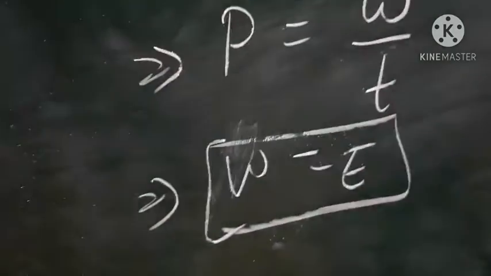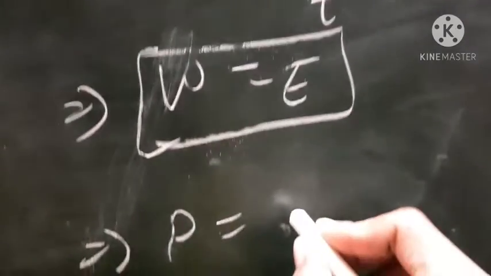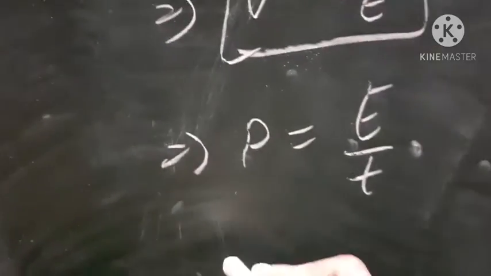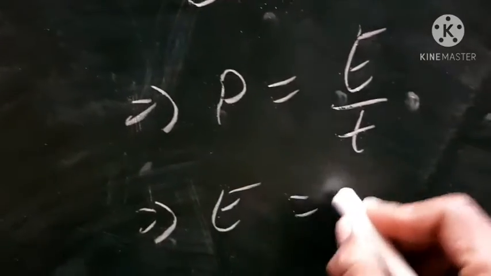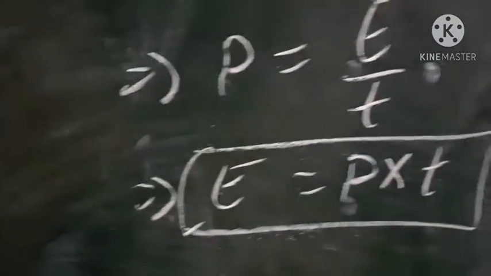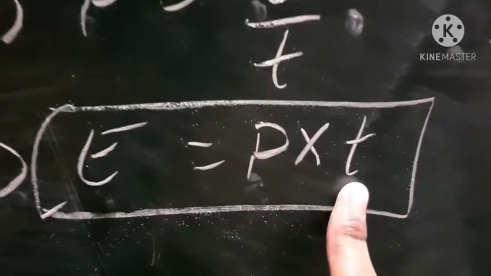On placing this value in this equation, we get power is equal to energy by time. So if we want to calculate energy, energy will be equal to power into time. From here we can define it: electrical energy is the product of power and time.